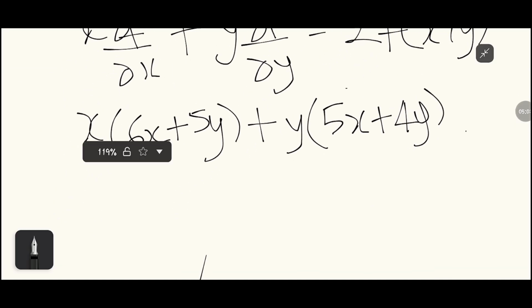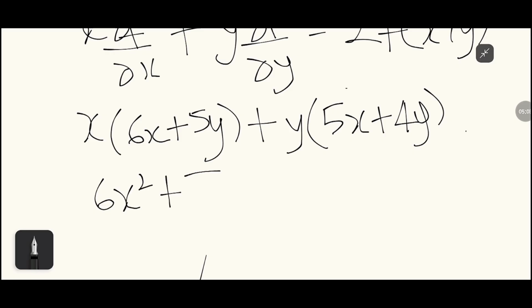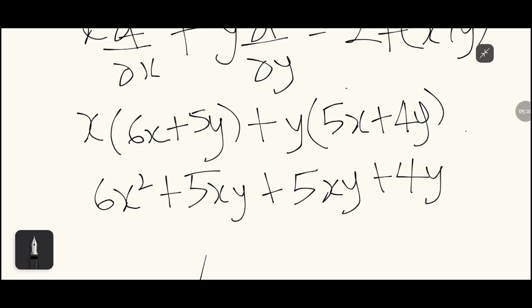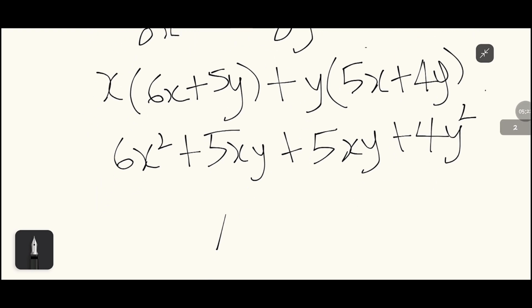So x times 6x will have 6x², plus 5y times x will have 5xy, plus y times 5x will have 5xy, plus y times 4y will have 4y².